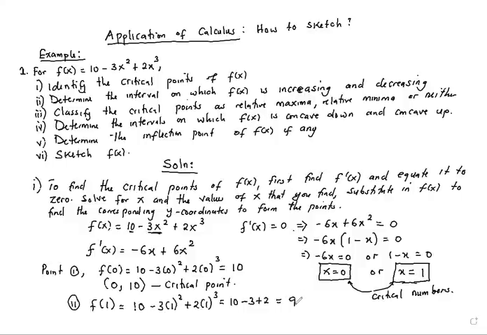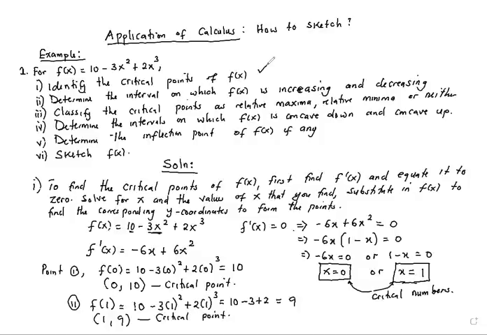So a point is 1, 9. This is a critical point. So we have found the 2 critical points. So we have answered question 1.